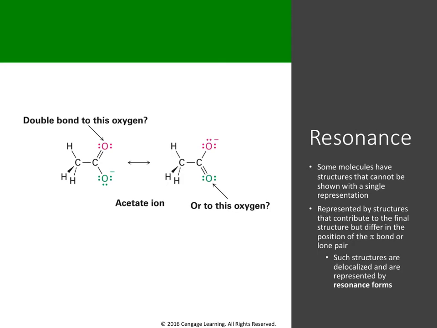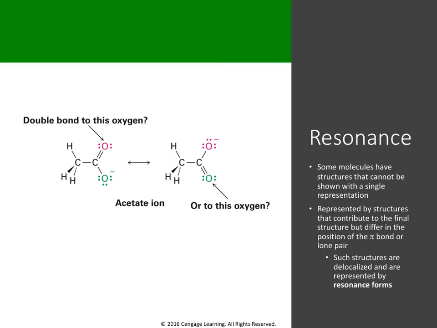So in certain cases we actually have to draw more than one structure because the actual structure in reality is some hybrid of the 2 or more structures. And these structures are called resonance structures, and they're going to only differ in the position of the pi bond or the lone pair.